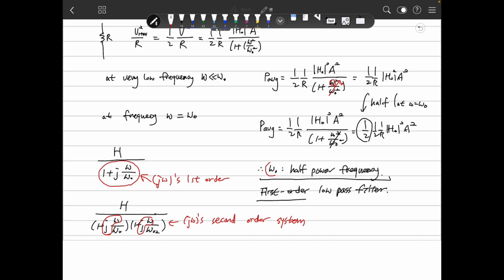So omega 0 is called the half power frequency, but this is available only when the system is a first order low pass filter. I will explain why we call this the half power frequency only for first order low pass filters.